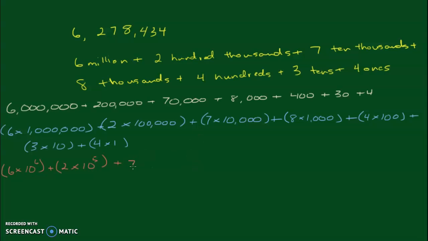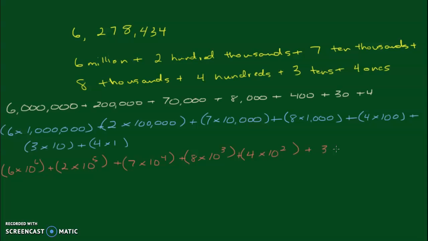Plus 7 times 10 to the 4th plus 8 times 10 to the third. So that would be 8,000. 10 to the third is 1,000. Plus 4 times 10 to the second.